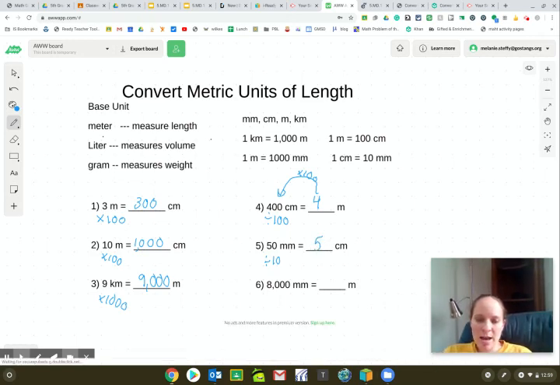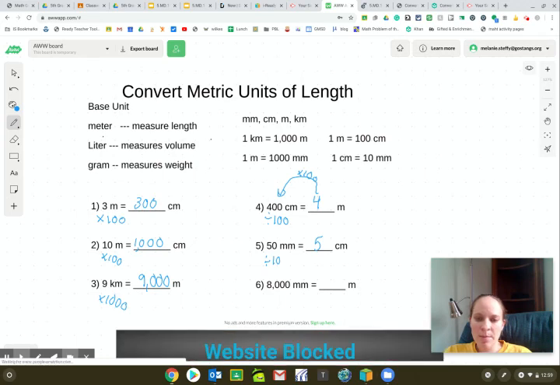And the last one I have here is 8,000 millimeters is equal to how many meters? So I'm going to go up to my millimeters to meters conversion, and I'm learning that 1 meter is equal to 1,000 millimeters. So if I have 8,000 millimeters, I have to put them in groups of 1,000 to figure out how many meters I have.